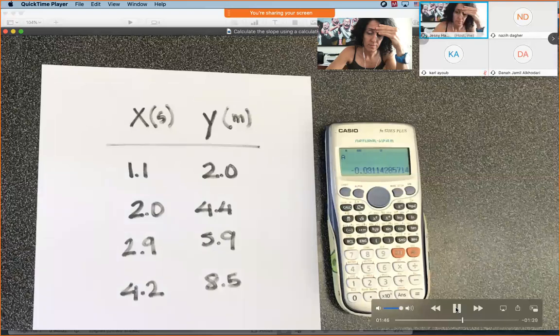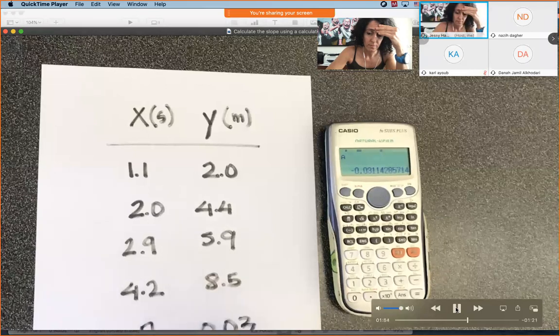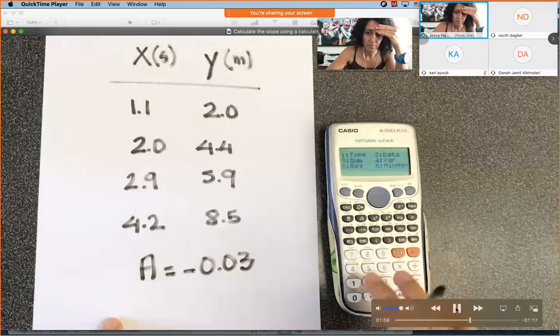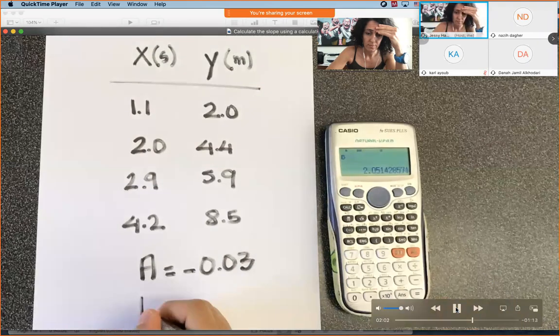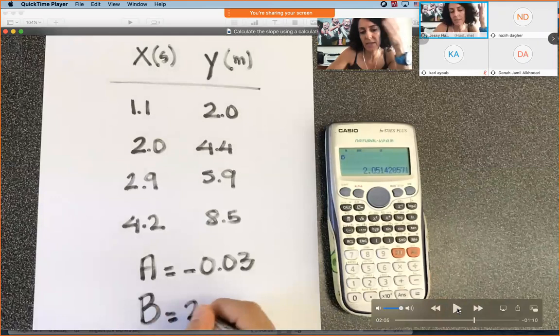The y-intercept, let me call it A, is negative 0.03. Then Shift 1 again, Regression, go into B, that is my slope. My slope is going to be 2.5. Do you notice that it's BX plus A, so B is the slope, okay?